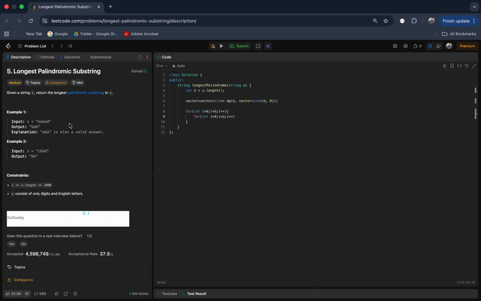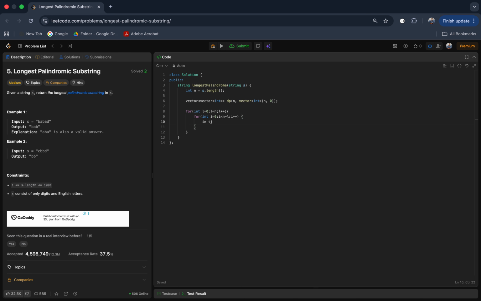So whenever we are decreasing, we need to ensure that we are decreasing the row, like minus l. Minus 1 is not required, just minus l.